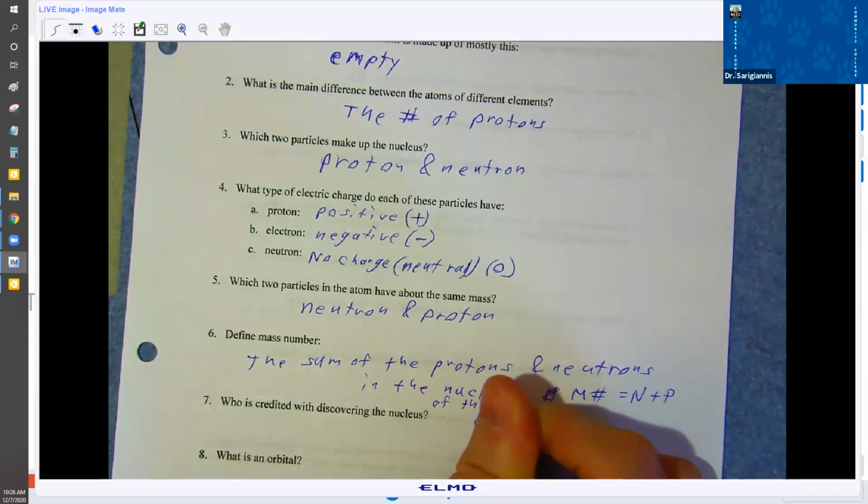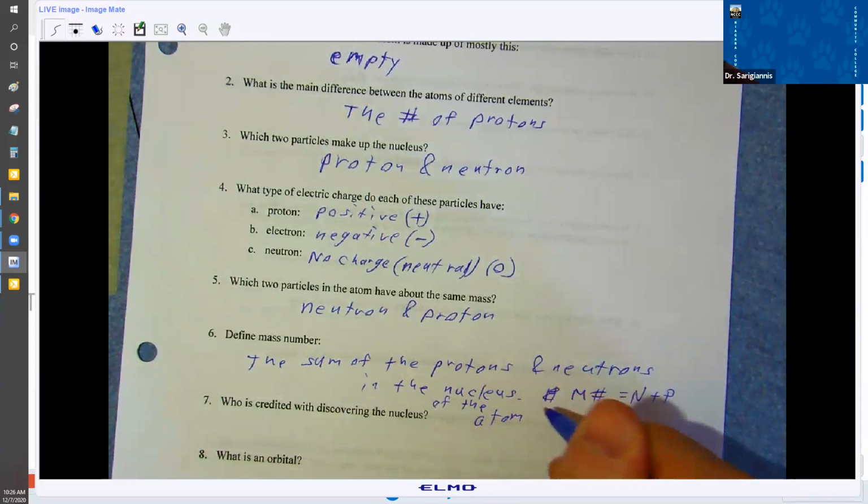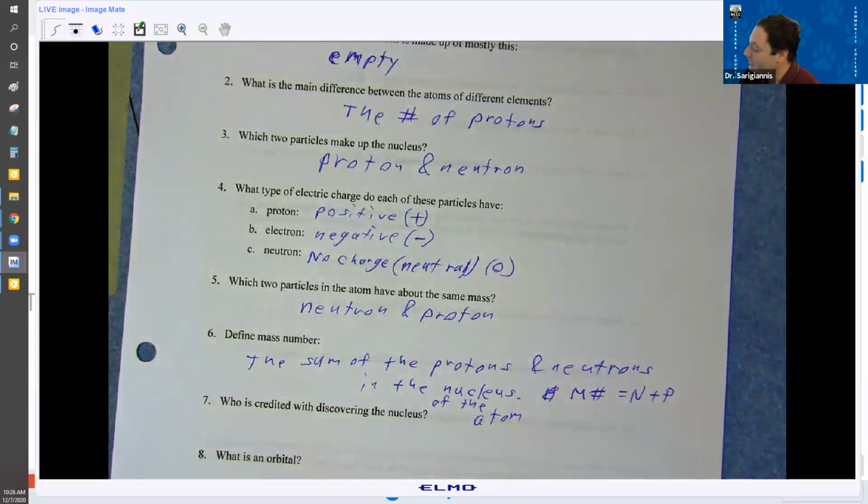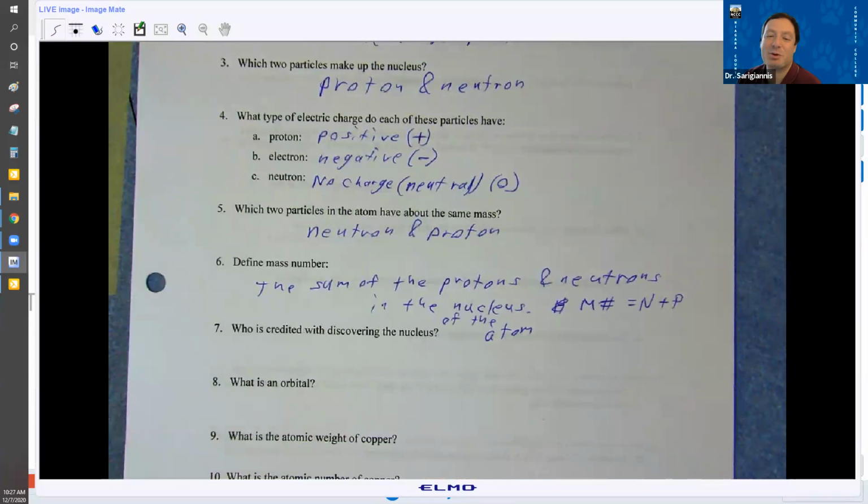So yes, it's the same thing. Just by definition the nucleus contains protons and neutrons, and the nucleus is contained within the atom. So yes, the mass number of an atom is the sum of the protons and neutrons in the atom, which just so happen to always be in the nucleus.